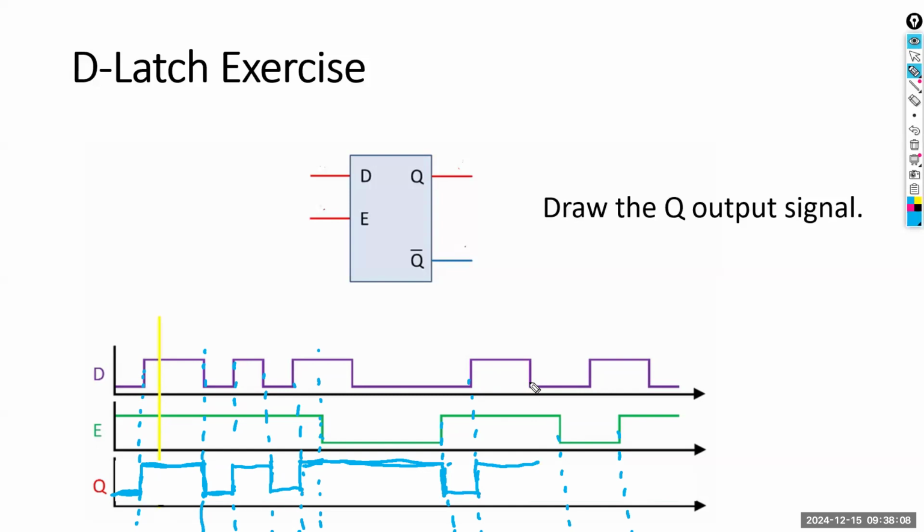When D goes down, it goes down because it's enabled. Again, stay like that. Now this is memory. It will stay like that until it's enabled again. When it's enabled, D is already up, so it immediately goes up. And when D goes down, it comes down because it's enabled. That is the output.